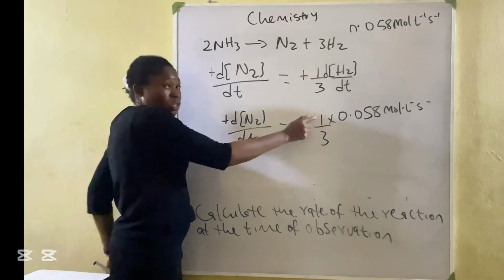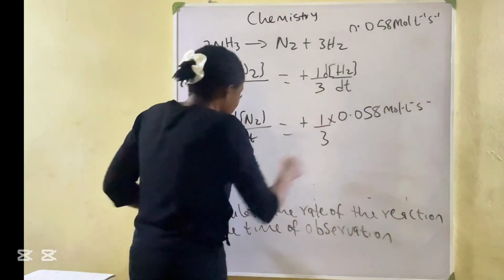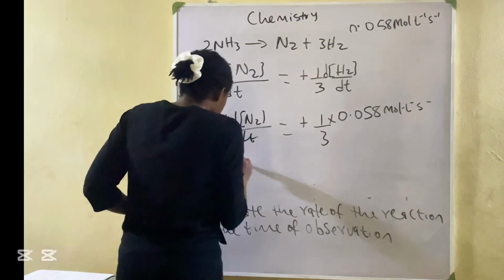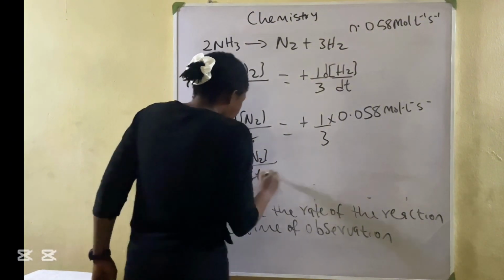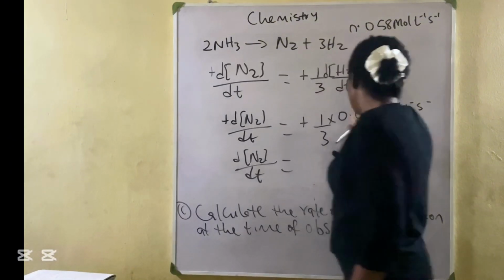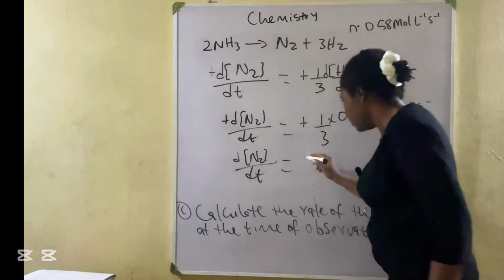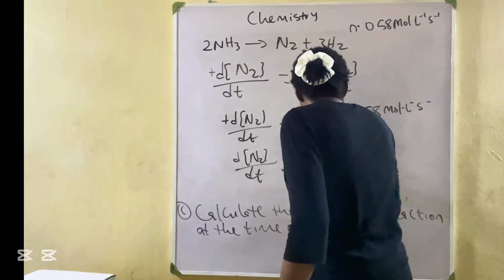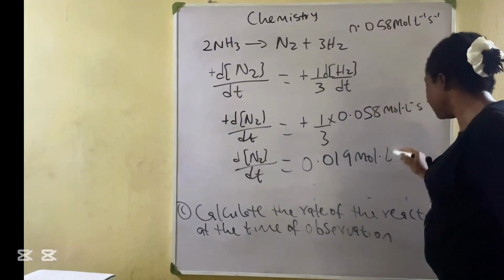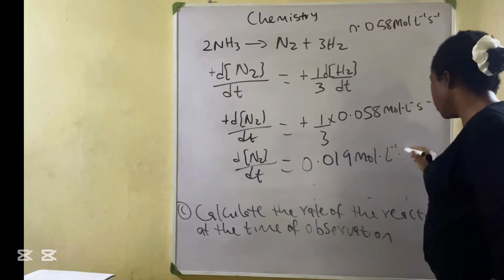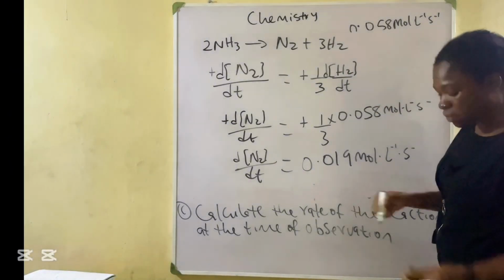So when I divide this, that will give me the answer. The one for nitrogen will be 0.058 divided by 3. So I'll be having 0.019 mole per liter per second. So this is the answer.